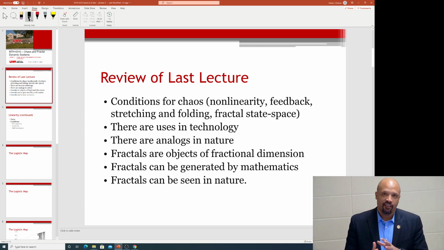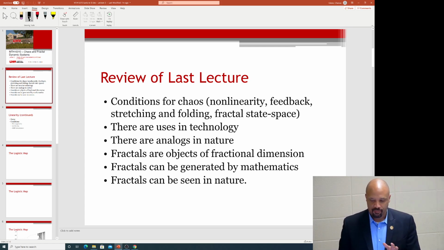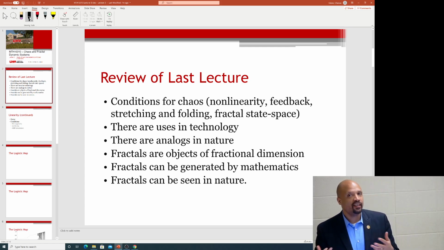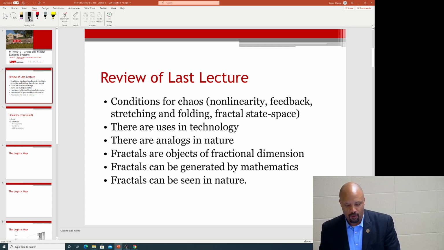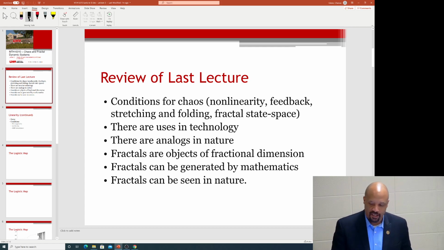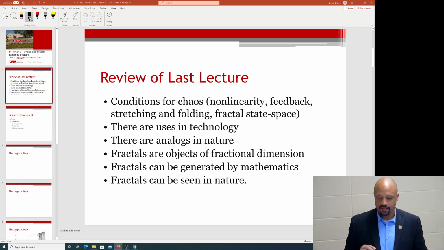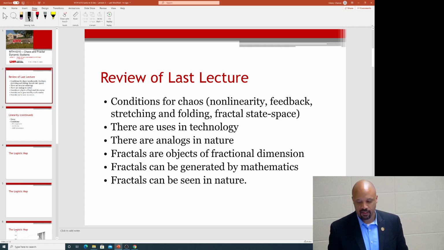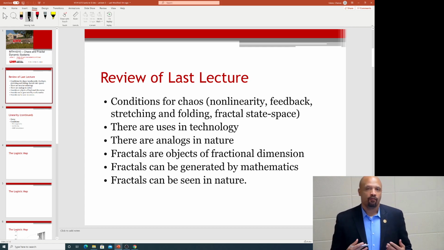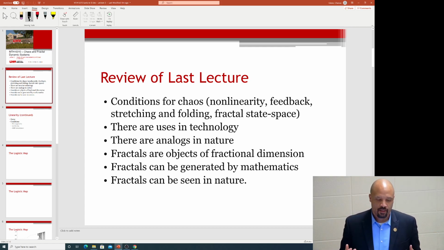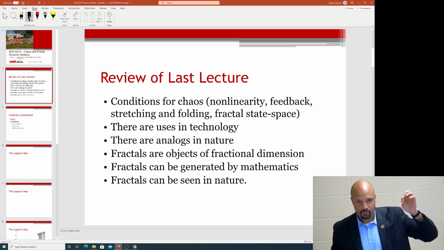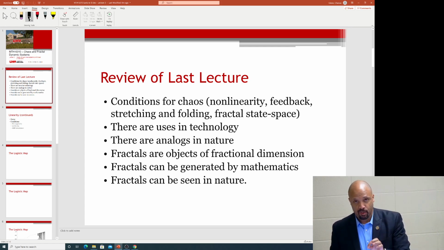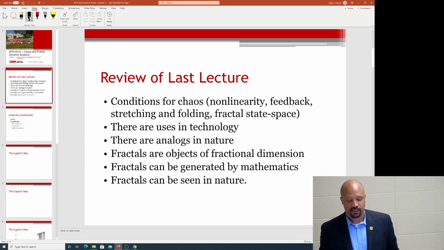But the nonlinearity causes the expansion, or has the potential for expansion. Feedback allows things to come back onto itself, so therefore the stretching and the folding are connected to the nonlinearity and the feedback. And then the fractal state space is necessary, because if you ever had a trajectory, a flow in state space that fed right back to the same point, then it would be a periodic system.